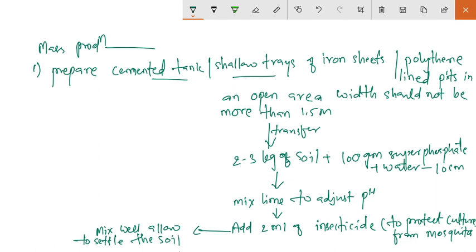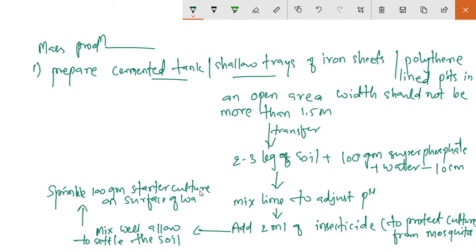When the water becomes clear, sprinkle 100 gram of starter culture on the surface of water.